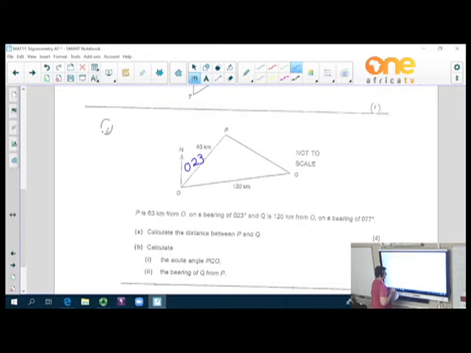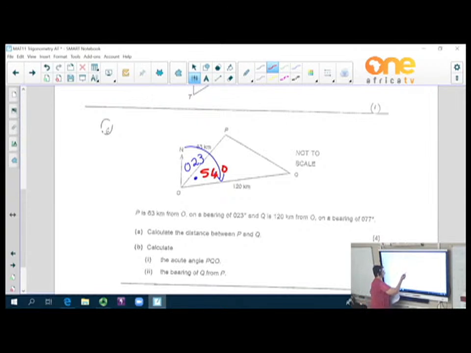And Q is 120 on a bearing of 77 degrees. So that angle there is 77 degrees. So we need to find this angle here, which is then just 77 minus 23, and this angle here is 54 degrees, because you need the angle inside the triangle.